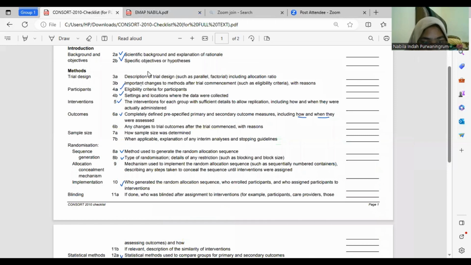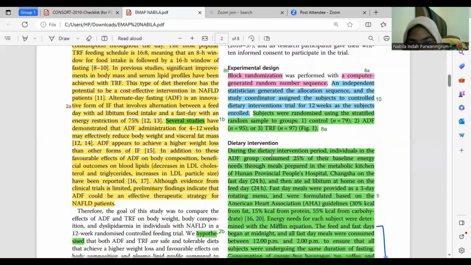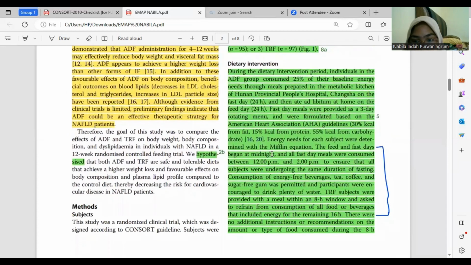Okay, the next checklist item is the intervention, number 5: the interventions for each group with sufficient details to allow replication, including how, where, and when they were actually administered. We can see it here. So I will tell you a bit about the intervention.